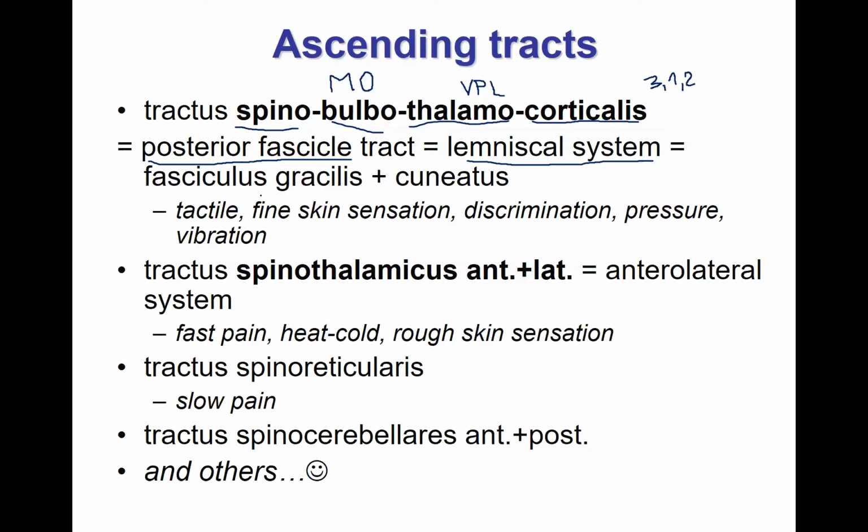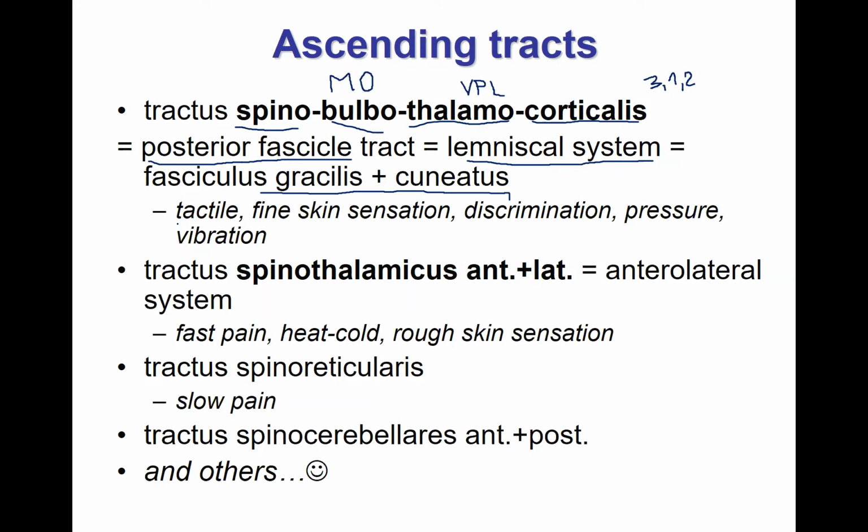And you already know it, as we call its two parts the gracile and cuneate fascicle, which I showed you on the transection of the spinal cord. There are many synonyms and you have to learn all. So the gracile and cuneate fascicle together form the tract of the posterior fascicle, or lemniscal system, or spinobulbothalamocortical tract. Complicated, but it is like that.